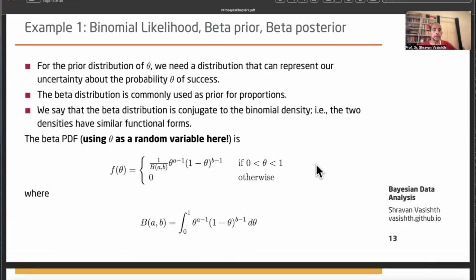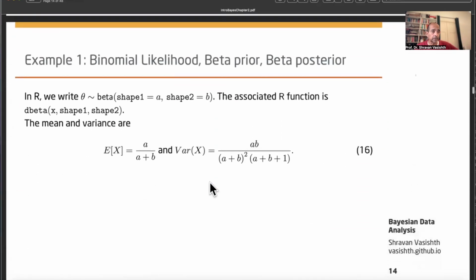Okay. All right, so here's the beta distribution. The A and B values that I just talked about would go in here to determine the shape of the curve. And I'm just going to show you the curves in a moment, what happens when you put in different values for A and B in this probability density function. Now, just as an aside, in R, we have the d, p, q, r family of functions for the beta distribution as well.